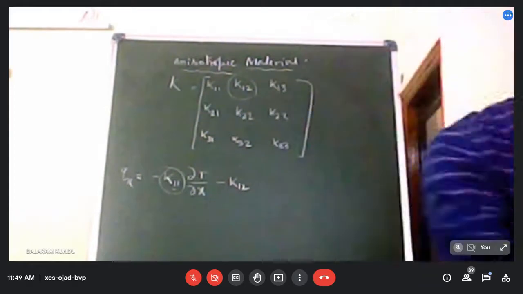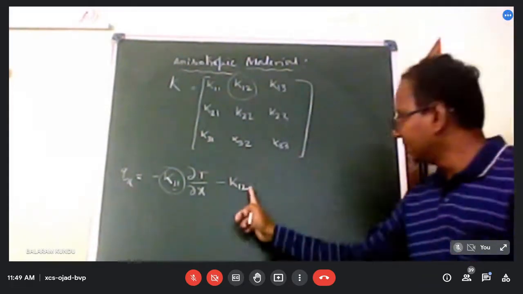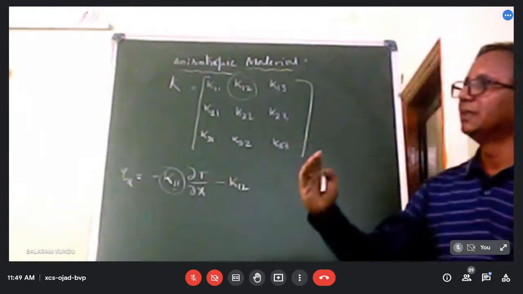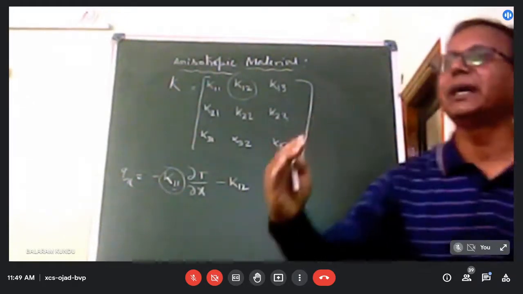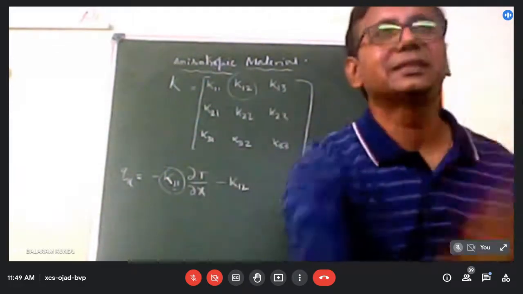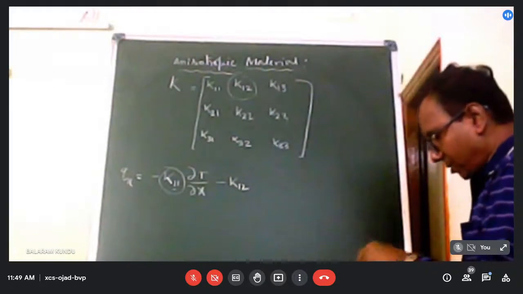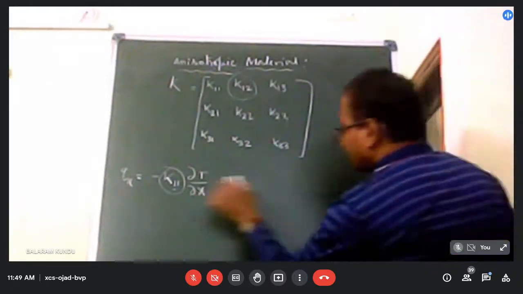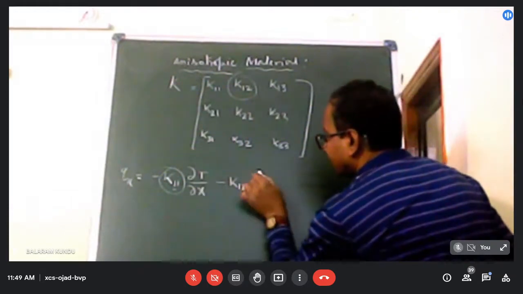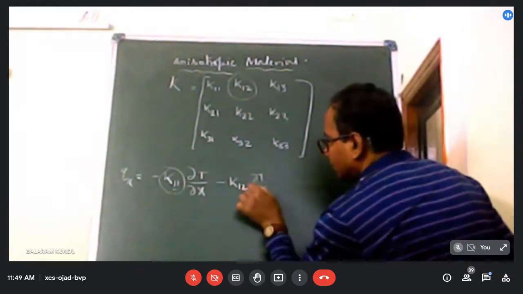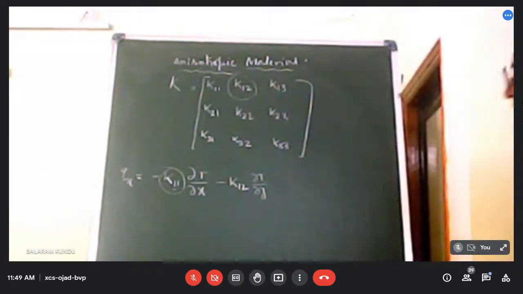In case of anisotropic material, the temperature gradient in the y direction is responsible to conduct heat in the x direction, and that value can be obtained in this way: minus K12 into del T by del y.